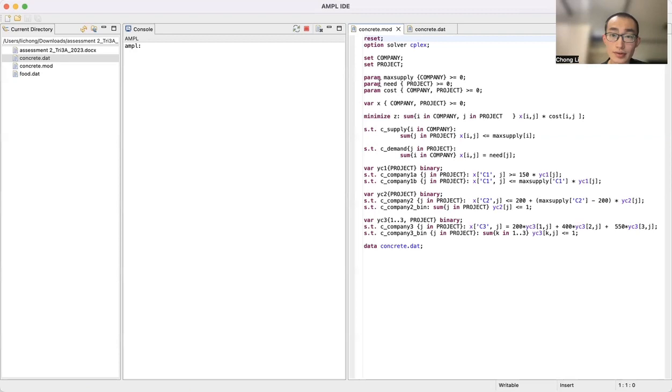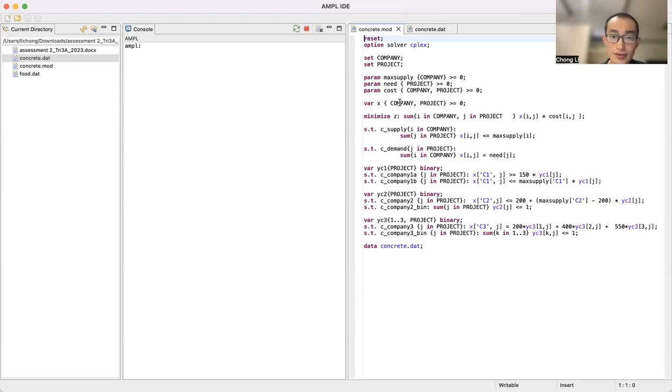For the second set of parameters, in the project, it means that for every project, it needs a certain quantity of concrete, and this number is also non-negative.